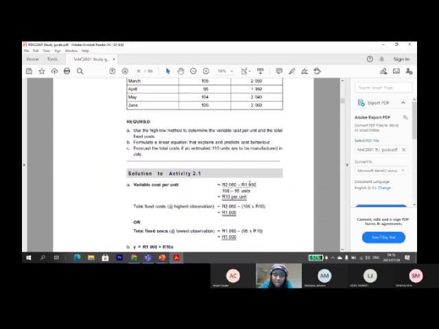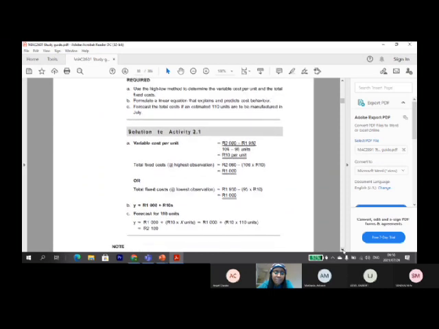My lowest cost is 1950, and the units is 95. By doing that, I get my variable cost per unit, which is 10 Rand per unit. And then for me to determine my total fixed cost, I take my 2060, I minus 106 multiplied by the 10 Rand per unit that we spoke about, and then that will be my fixed cost. All right.